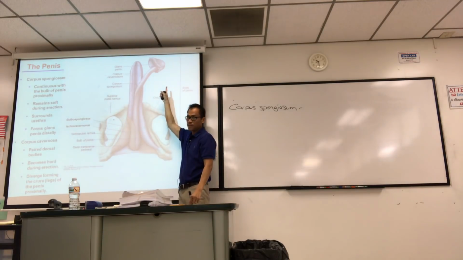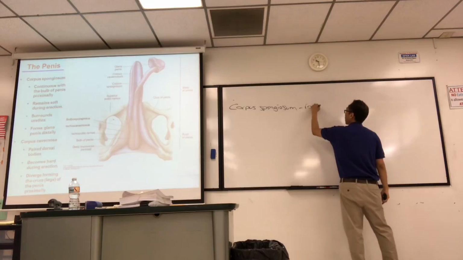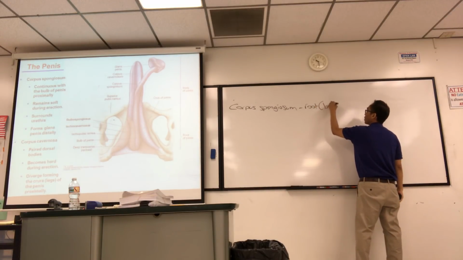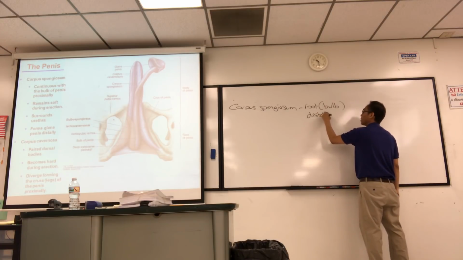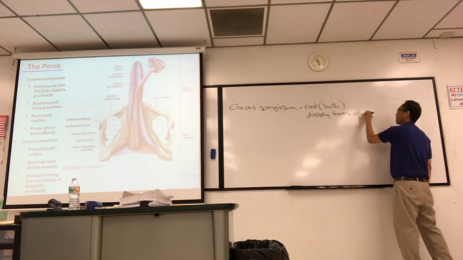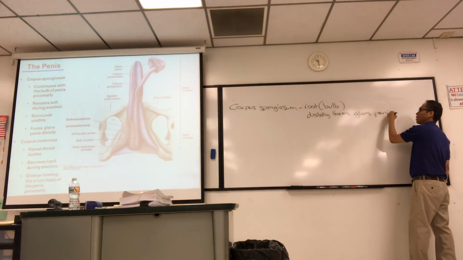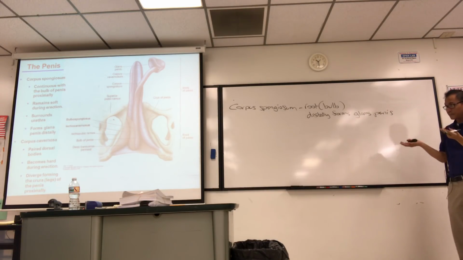Distally it forms the glans penis. And know that at the root, it's covered with a muscle of the same name, bulbospongiosus.